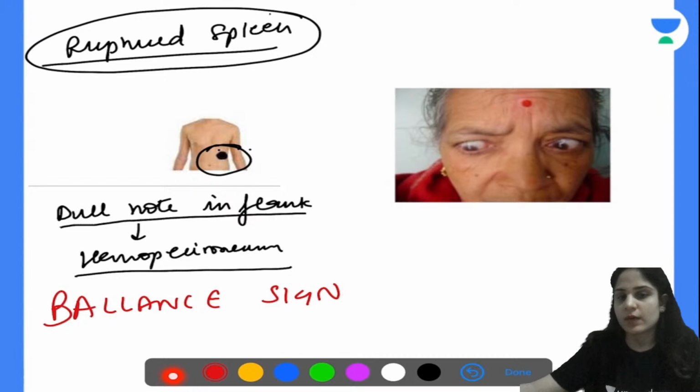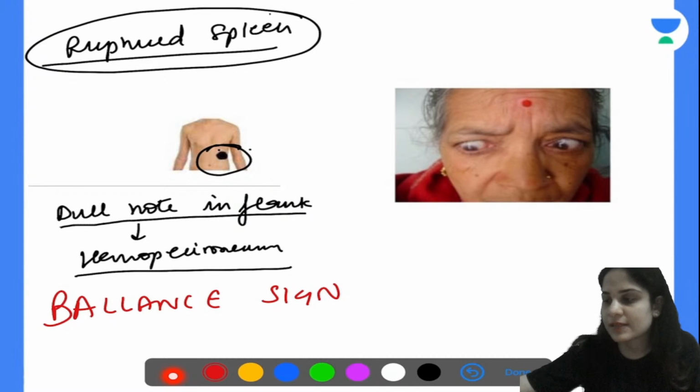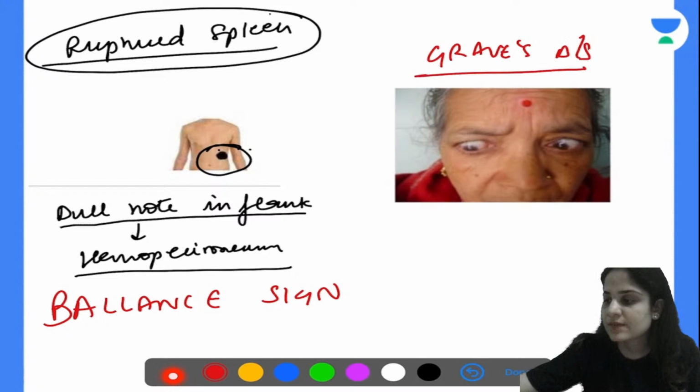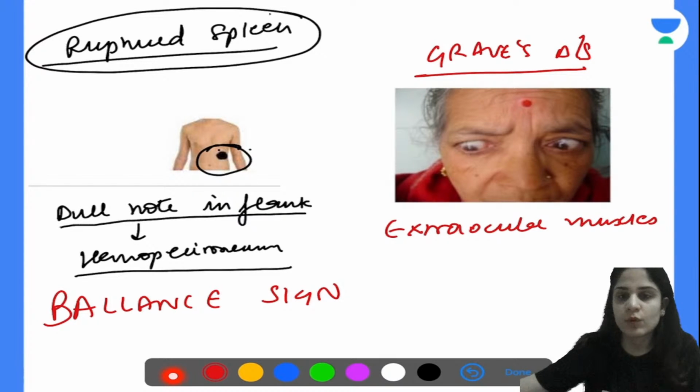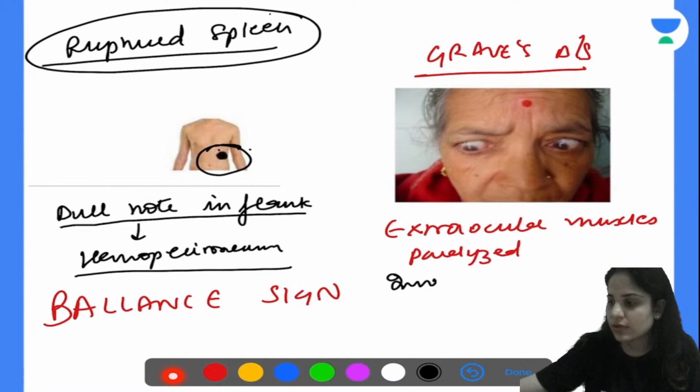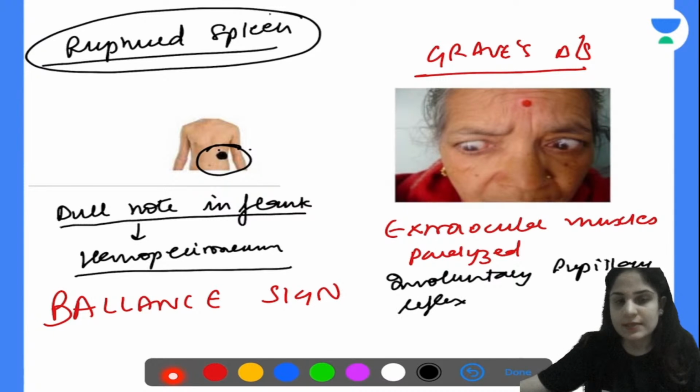All right. Okay. Now the next sign is in a patient of Graves' disease. In this sign, your extraocular muscles, the voluntary muscles, are paralyzed. And if you look at your involuntary muscles, your involuntary pupillary reflex is present.